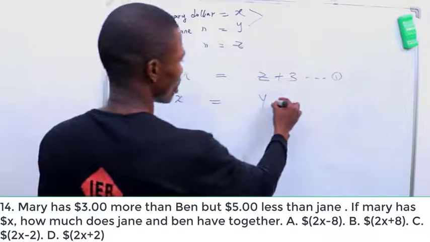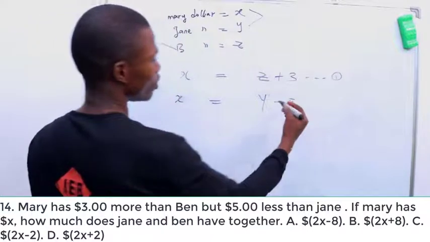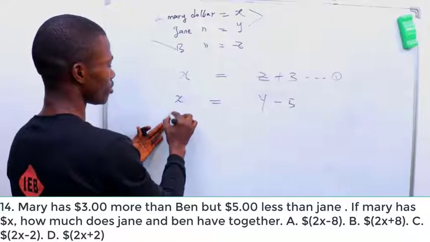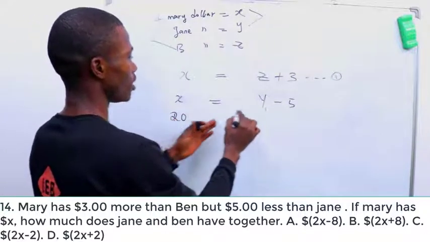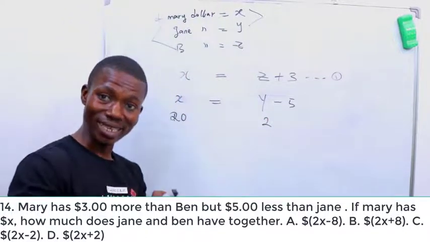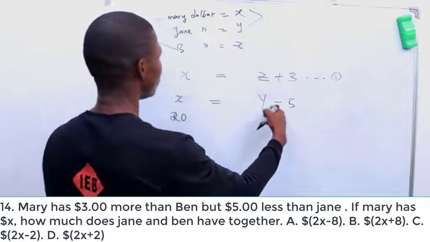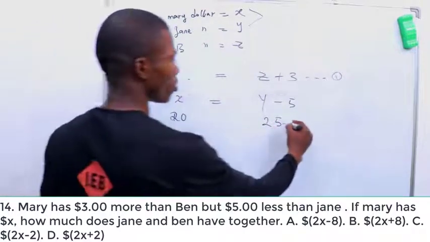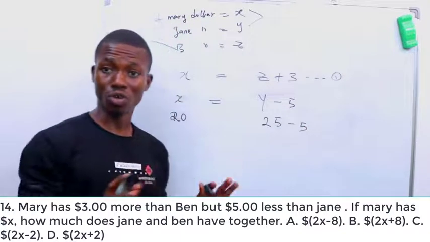So we come here and minus 5. Let me give you an illustration again. Assuming Mary's money is $20 and Mary has $5 less, that means Jane's money will be 25. For you to make the two of them equal, you minus 5. This is just an illustration.